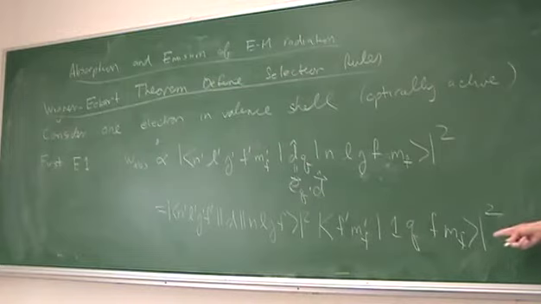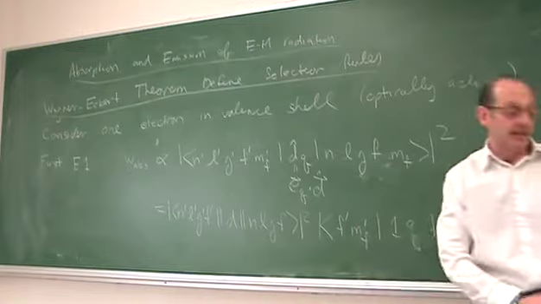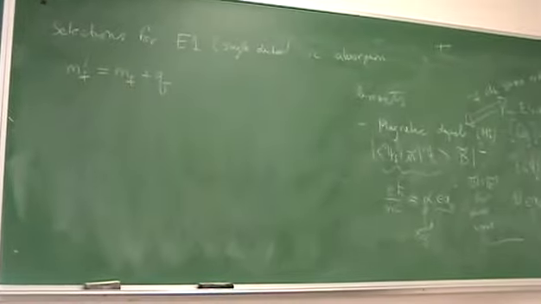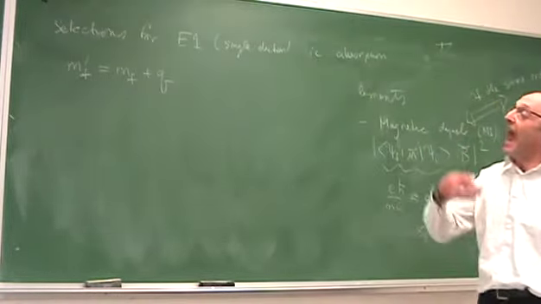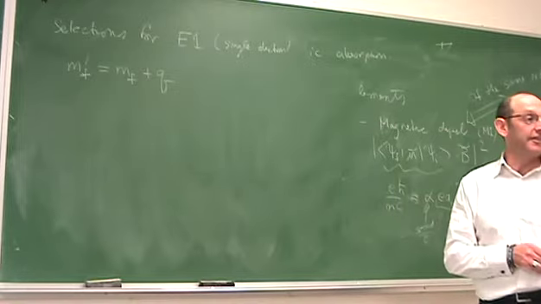What can we say here? Well, we see, according to this, M prime has to equal M sub f plus q. That is the only way that this Clebsch-Gordon coefficient is possibly non-zero. If the magnetic sublevels don't add up, then I don't conserve angular momentum along the z-axis.